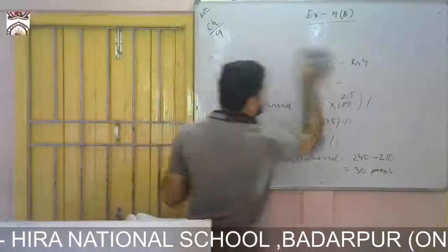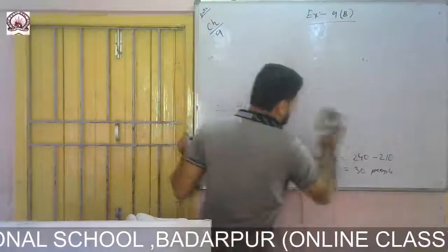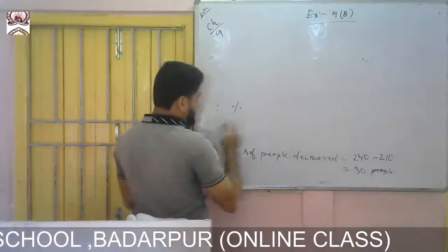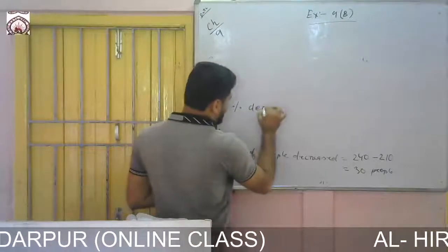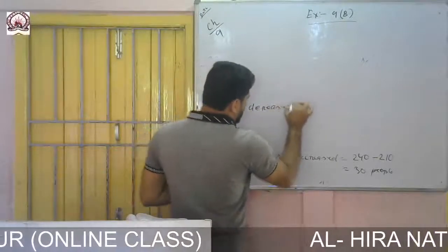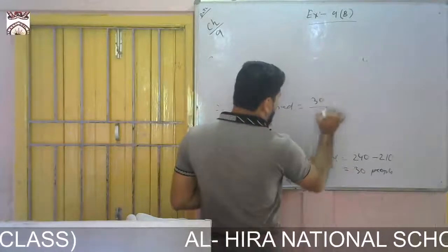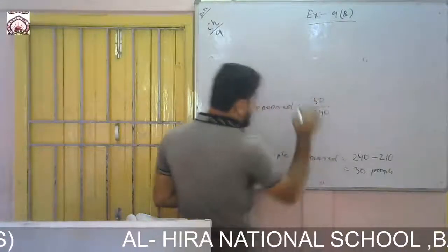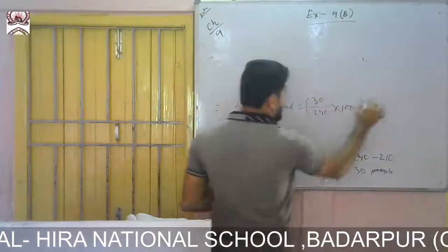Question number 10: the percentage decrease will be, out of 240, 30 decrease, into 100 percent.